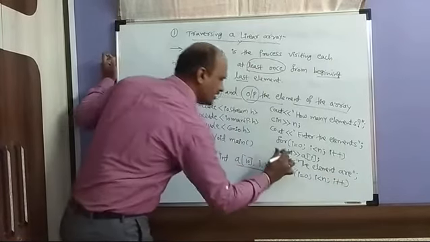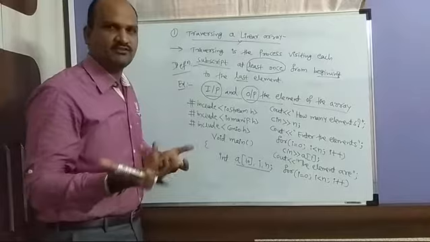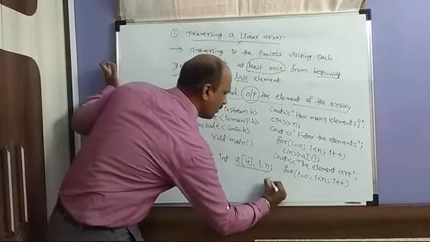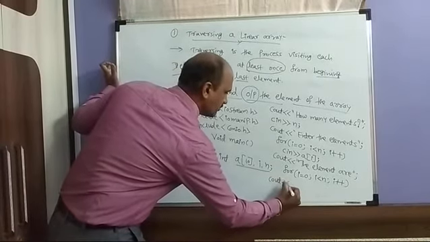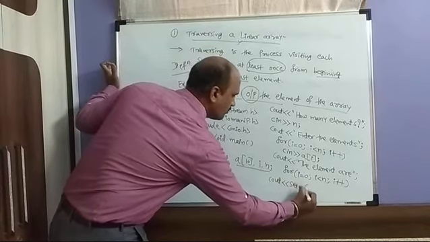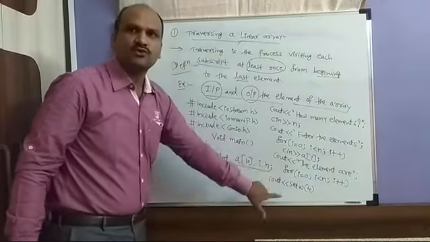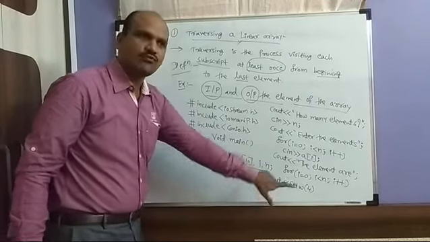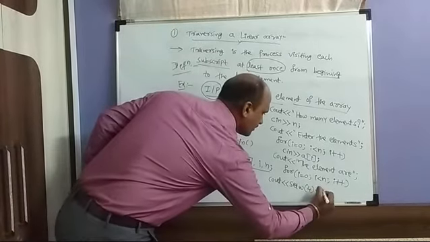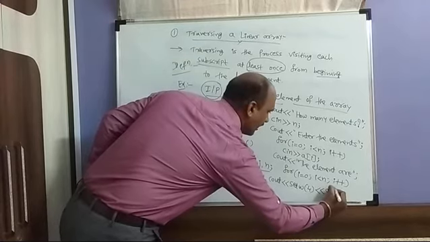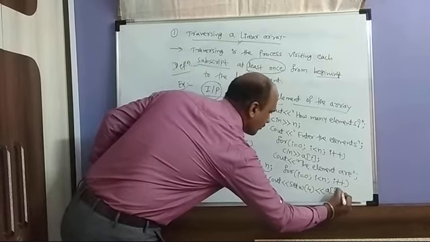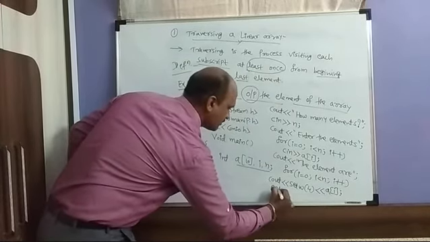Here we were reading, now you have to print, so that is the cout statement. Cout setw(4). So again the same, cin reads here, and you should use cout for printing. That is a of i, semicolon, getch.